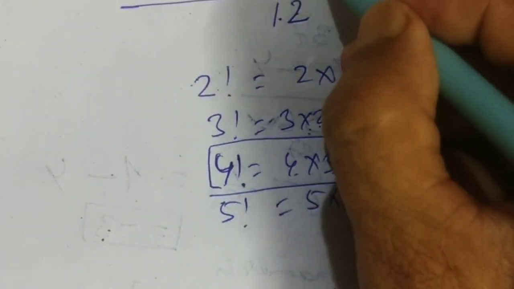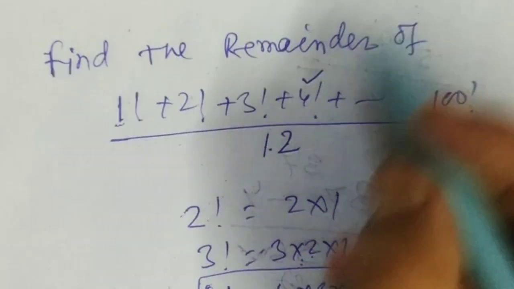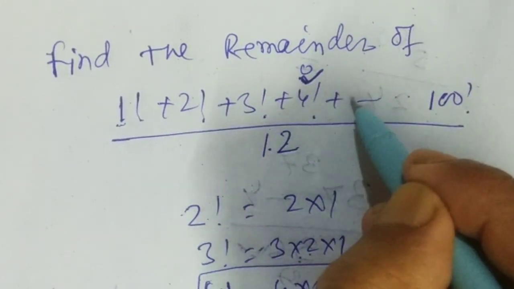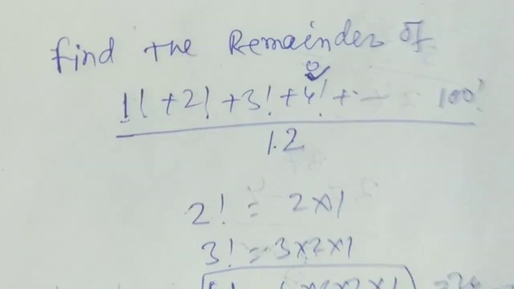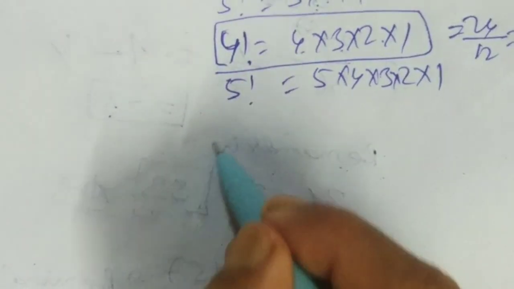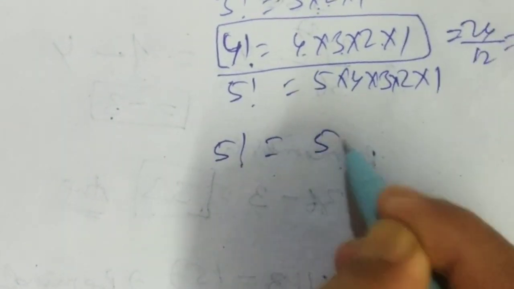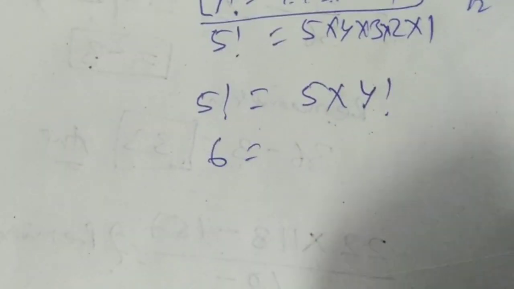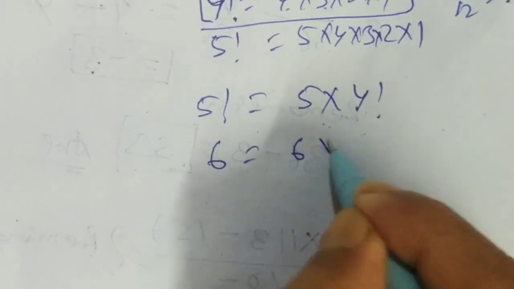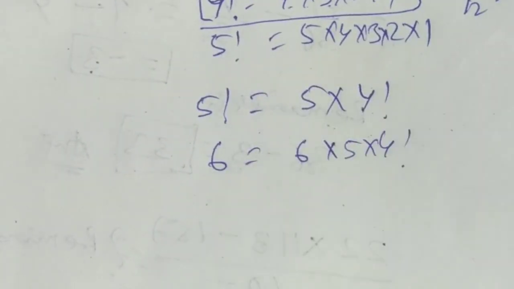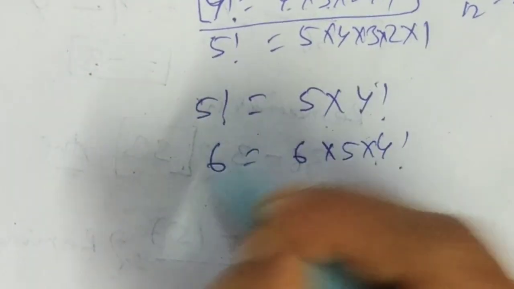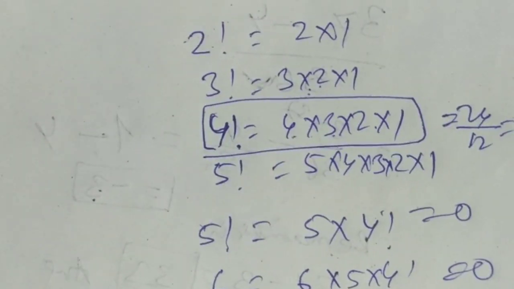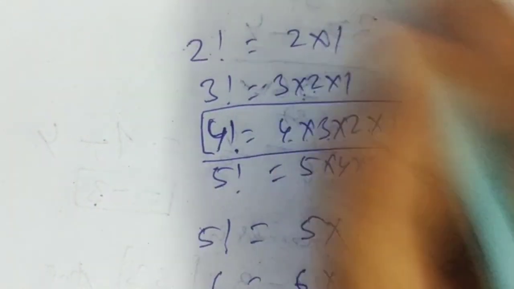And afterwards there is 5 factorial, 6 factorial everywhere. We know that 5 factorial is equal to 5 into 4 factorial. Again 6 factorial is 6 into 5 into 4 factorial. So 4 factorial is 0, so 5 factorial is 0, 6 factorial is also 0. So we can say all are 0.